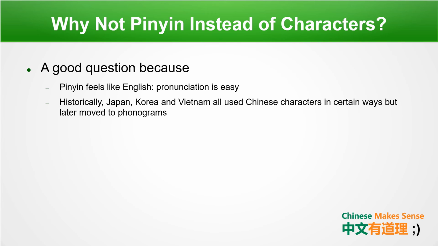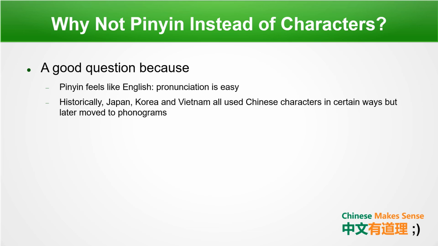In Chinese, we use both Pinyin and characters. But someone might ask, why not just use Pinyin instead of characters? Why not just get rid of characters? That's a good question because Pinyin feels like English when the pronunciation is easy. Historically, Japan, Korea, and Vietnam all used Chinese characters in certain ways, but later moved to phonograms.